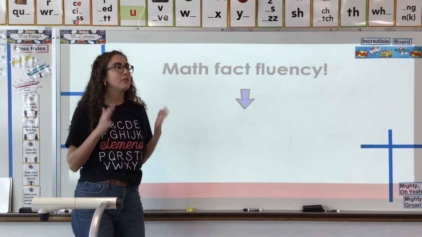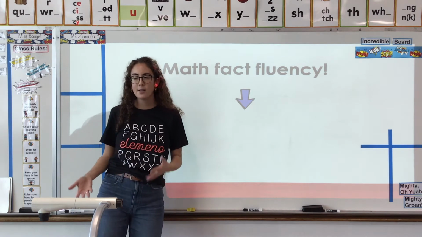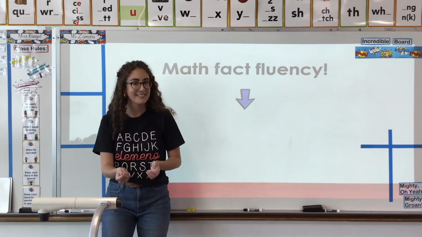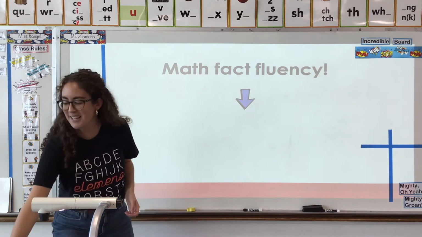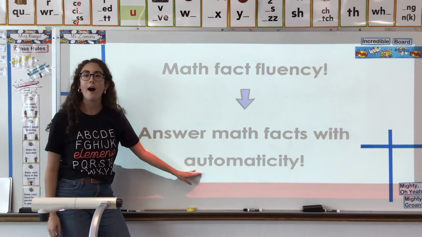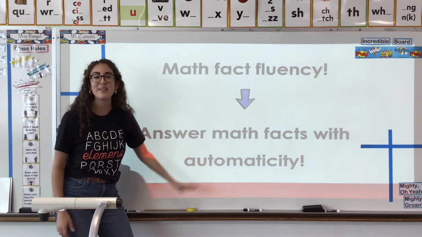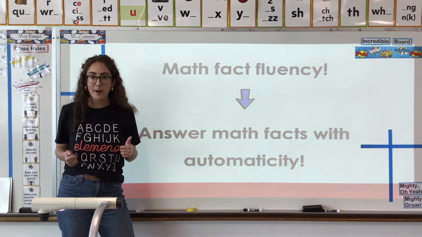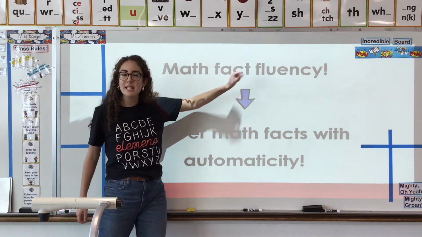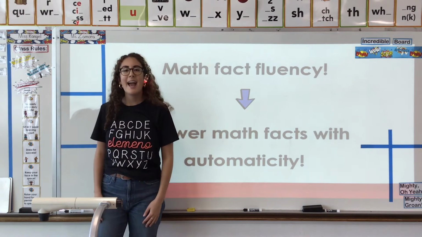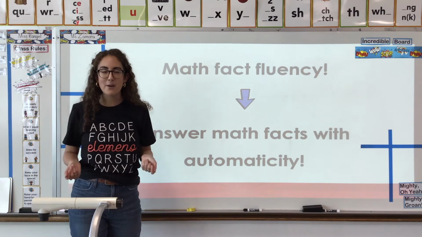So when we want to be fluent in our math facts, what does that mean? It means we want to answer math facts with automaticity. This other big word that we've talked about in reading applies to math as well. If we are fluent in our math facts, we can answer them with automaticity and automatically right away.